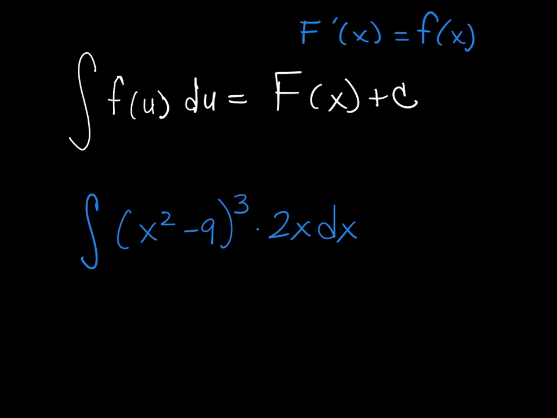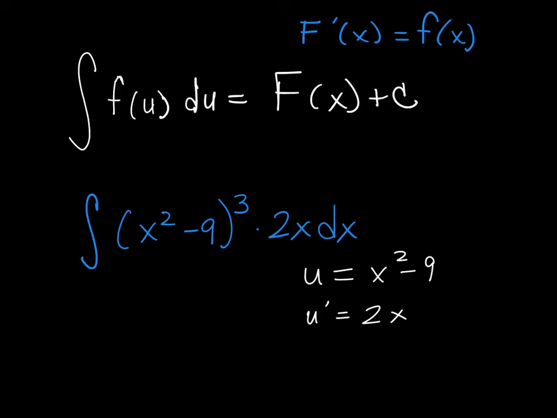So if I label u as x squared minus 9, then the derivative of u is equal to 2x.